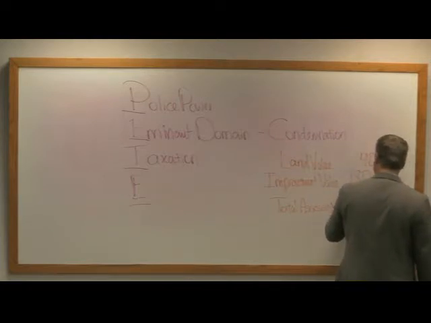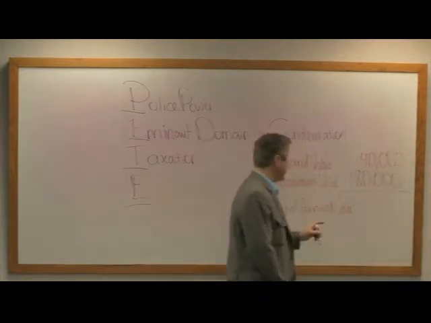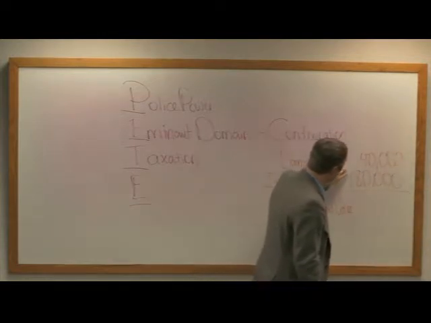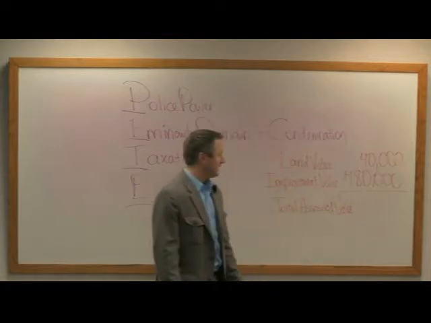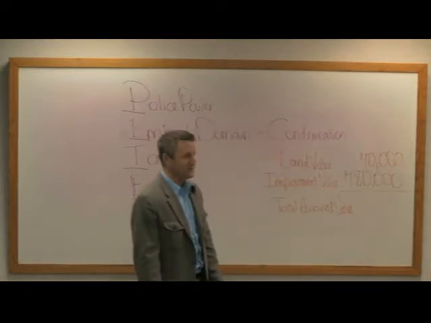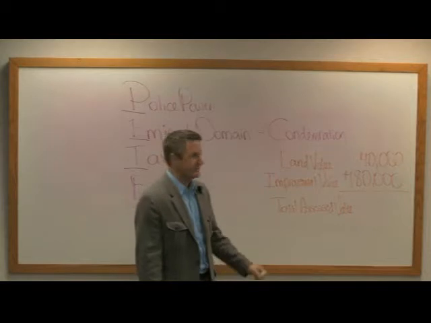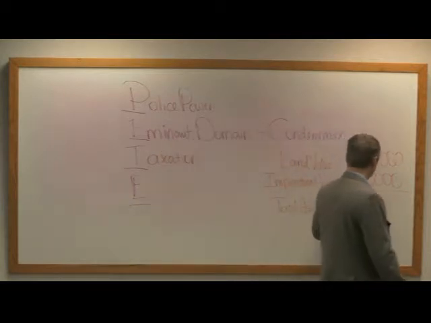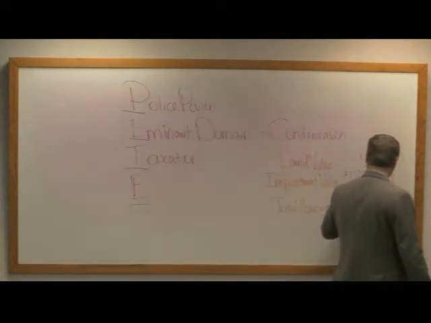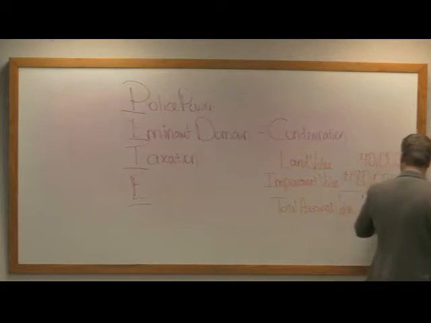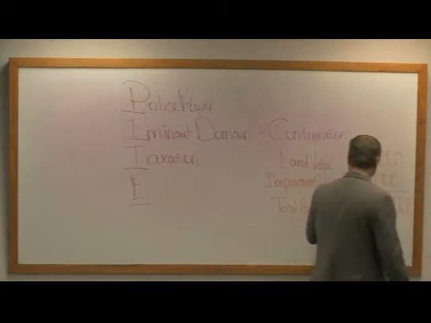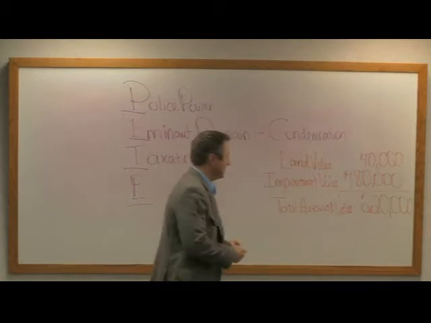So then our total assessed value would be determined by adding the $180,000 to the $40,000, which would give us how much? $220,000. So that's the total assessed value.